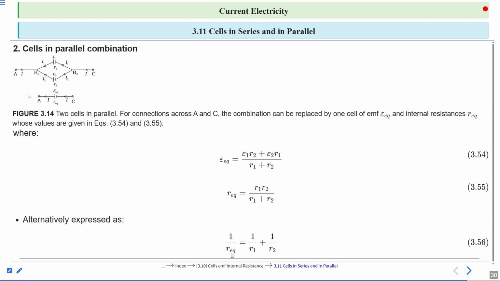If you solve this 3.56 equation and find the value of R equivalent, it will be equal to the 3.55 equation. R equivalent will be equal to R1 R2 upon (R1 plus R2). This is the formula also for parallel combination of resistors.